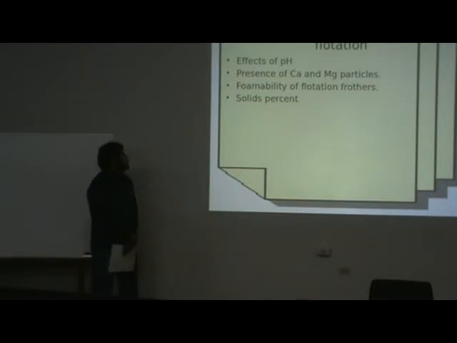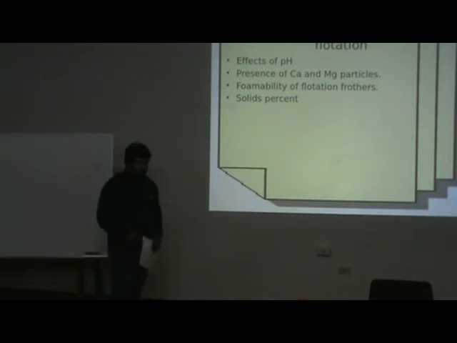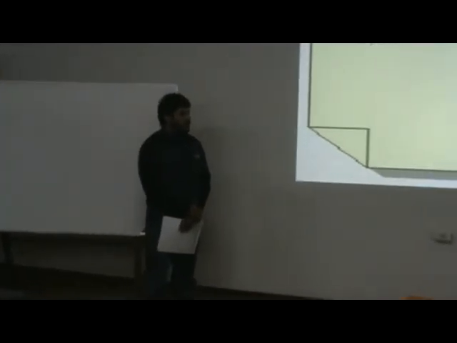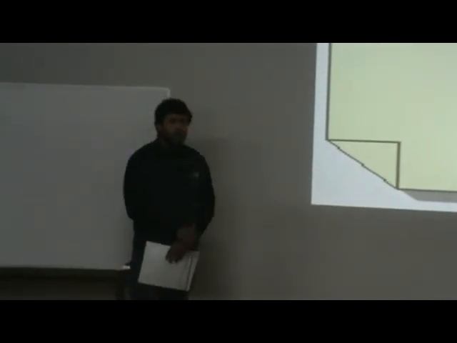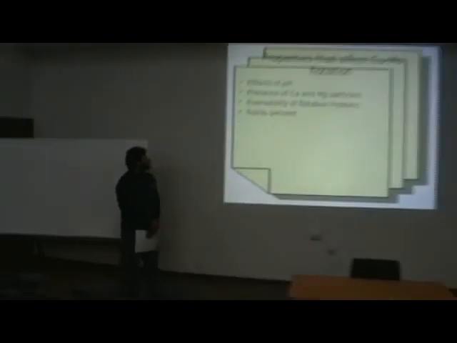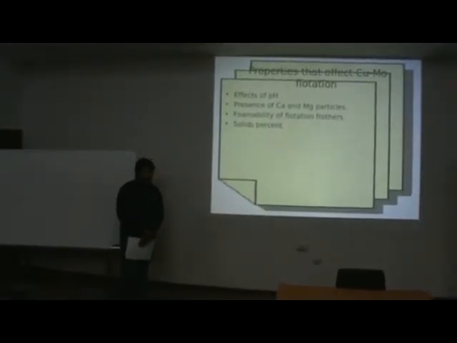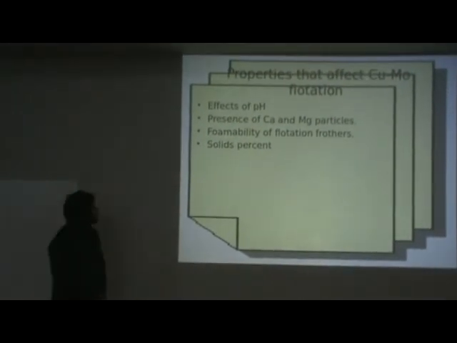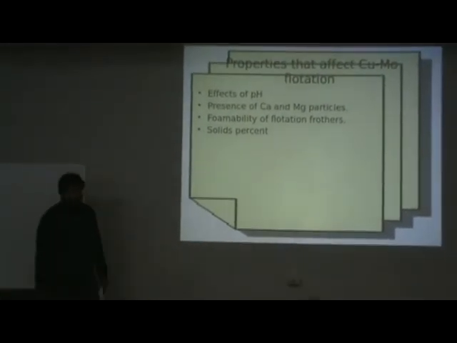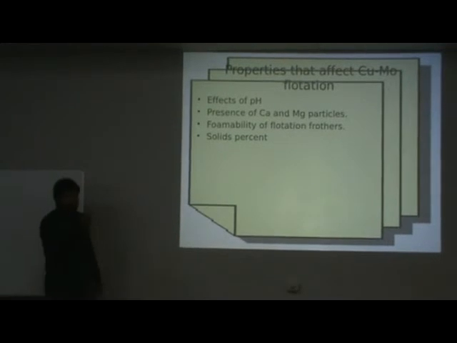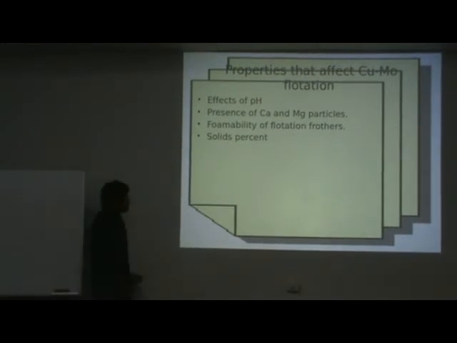In this case, the most important effects that make this system work are the effect of pH in flotation, the presence of Ca and Mg particles, the flowability of flotation frothers, and solid percent. But the most important in all cases, in that order, is the effect of pH.